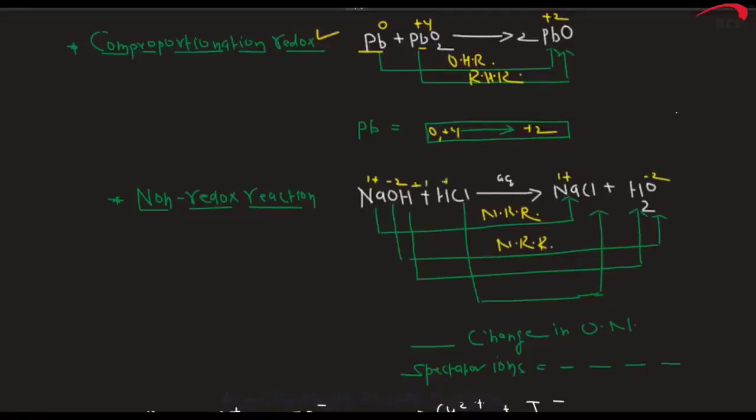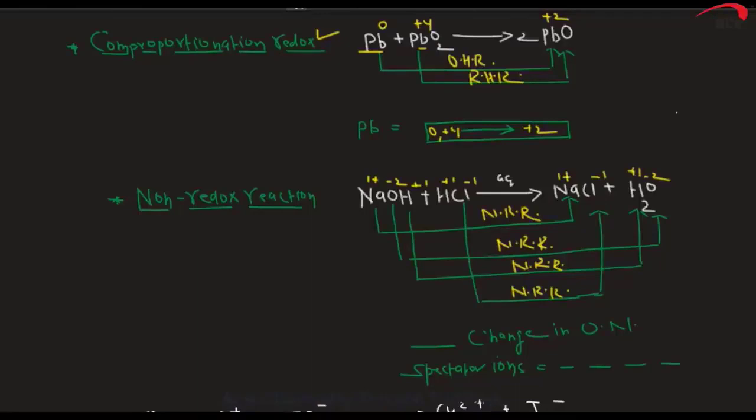Hydrogen is +1, and again it is +1. So hydrogen is also not involved. Cl is -1, again the Cl is -1, so it is a non-redox reaction. So if you see, none of the chemical species in this reaction are involved in a redox process.